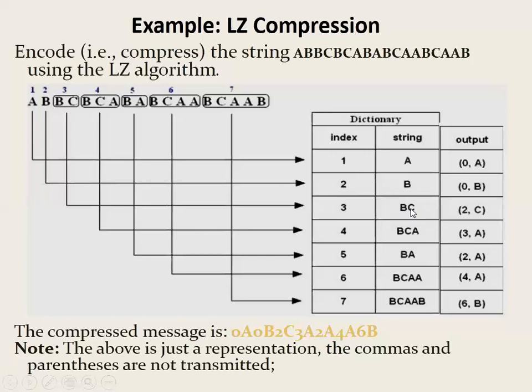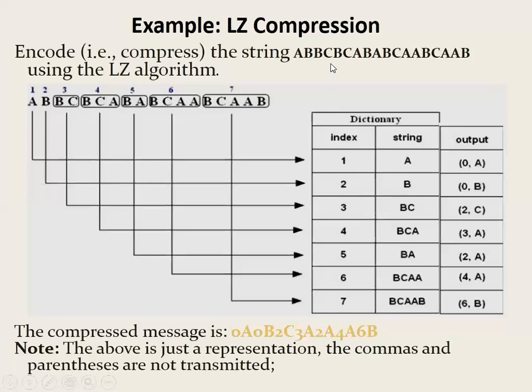But there is no BC before index 3. If you refer to index 1 and 2, index 1 contains A, index 2 contains B. So BC is unique. But why did we add C? Because B is already available at index 2. So the new symbol C is added because there is an existing symbol B at index 2. So 2C is the output, the result of index 3.